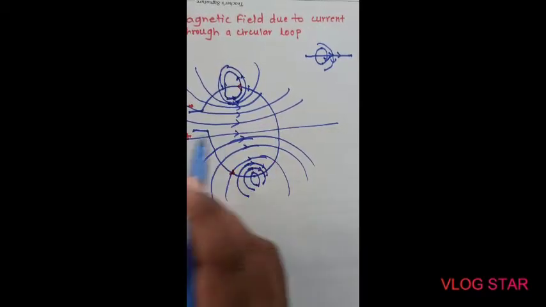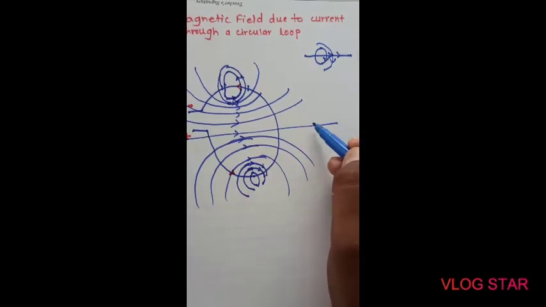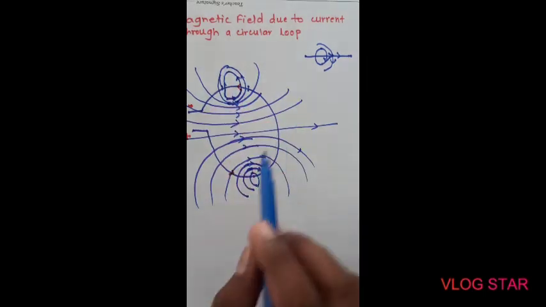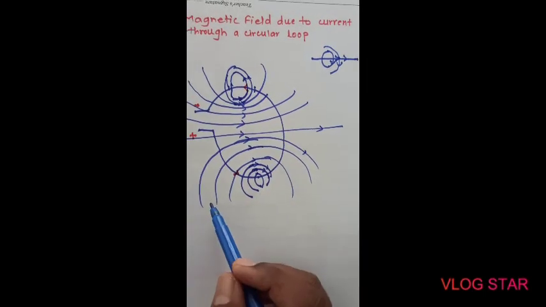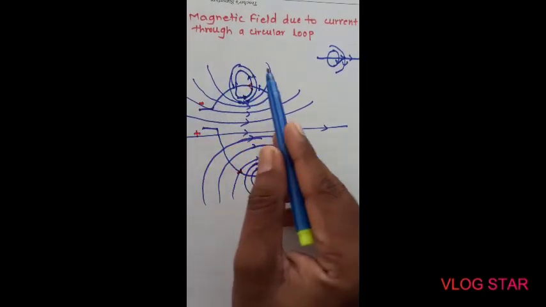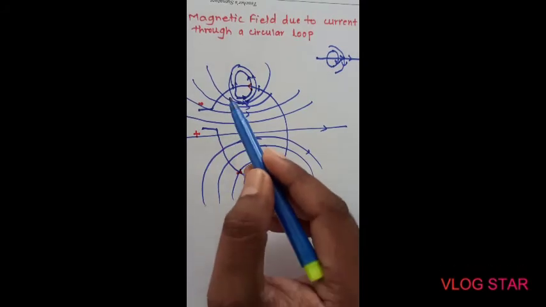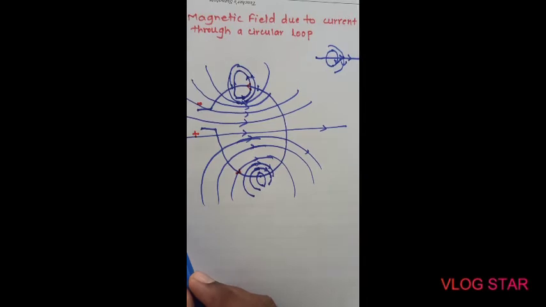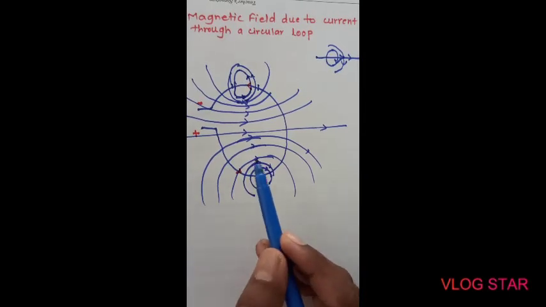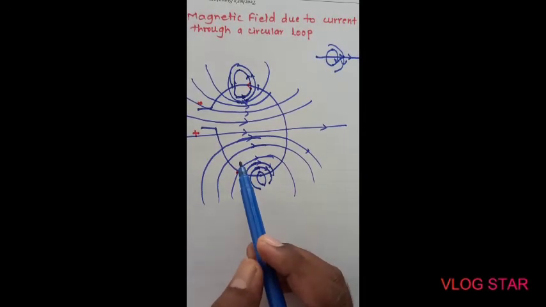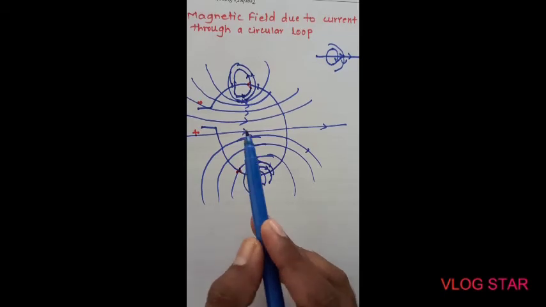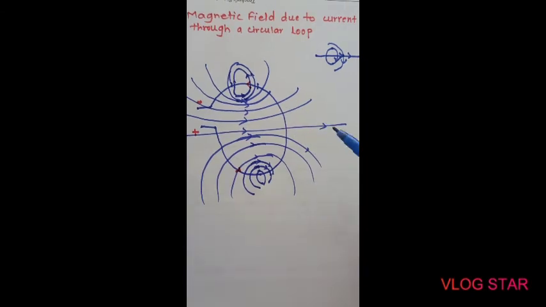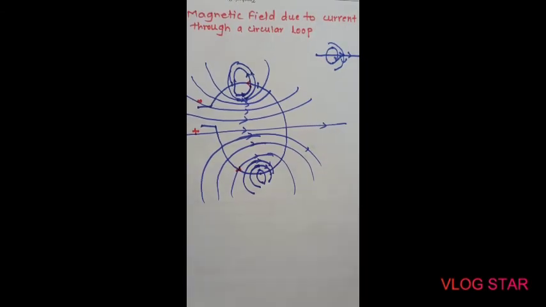So inside the loop it is inward and outside the loop it is outward. So like this we got the direction of magnetic field in a current carrying circular loop. To understand in a better way, you can see animated videos related to this. Always think about the right hand thumb rule whenever you want to get the direction of magnetic field. So here inside the loop it is inward, and behind the loop it is outward.